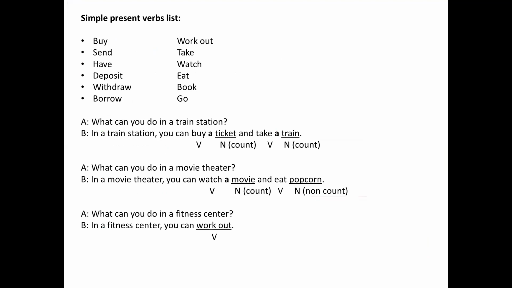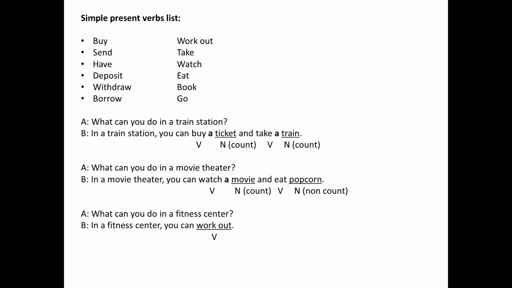So here are the verbs you need to answer the question: buy, send, have, deposit, withdraw. Now here are two new words, I guess. Deposit means to put in. Now it's usually money into a bank.